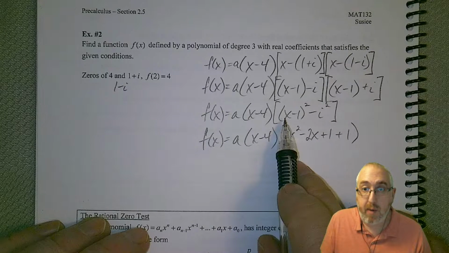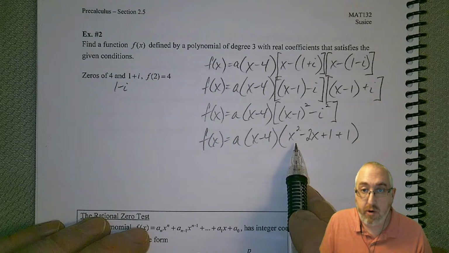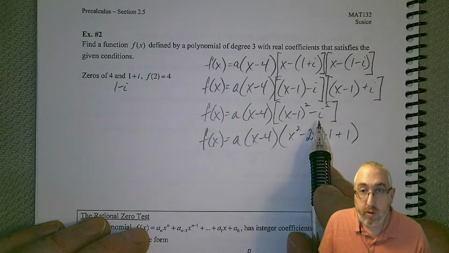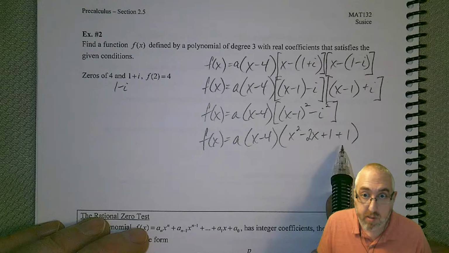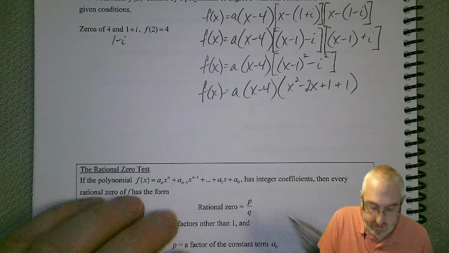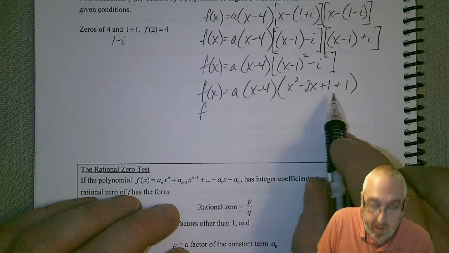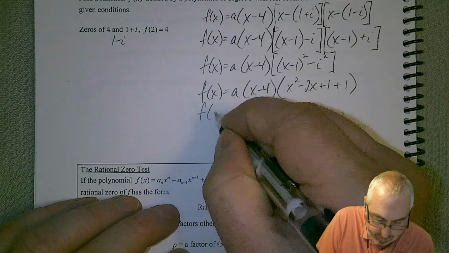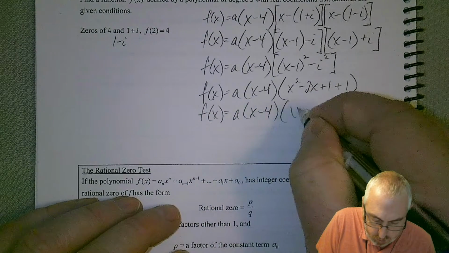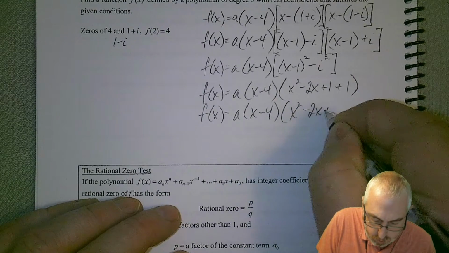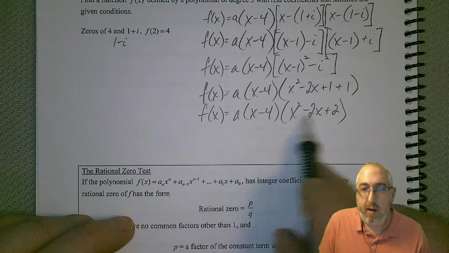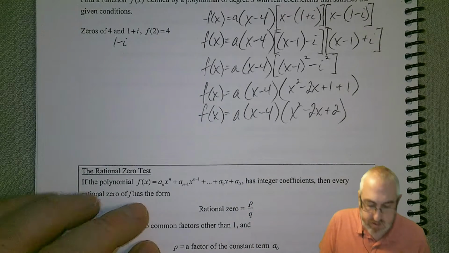So our x minus 1 squared is going to give us our trinomial here. And then remember, i squared is negative 1. So negative negative 1 becomes a positive 1 at the end. And so that will give us a plus 2 at the end. All right, so now we've got to go a little bit further with all of this.